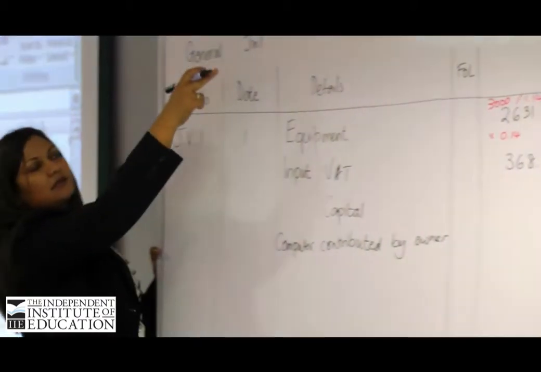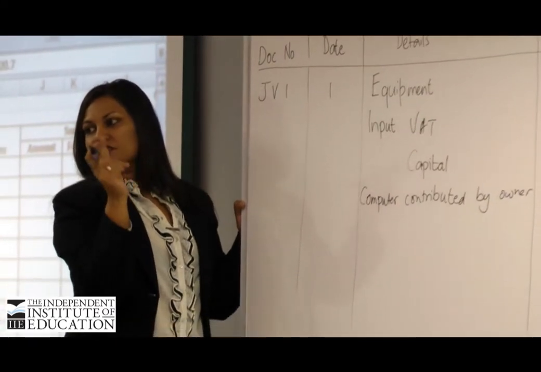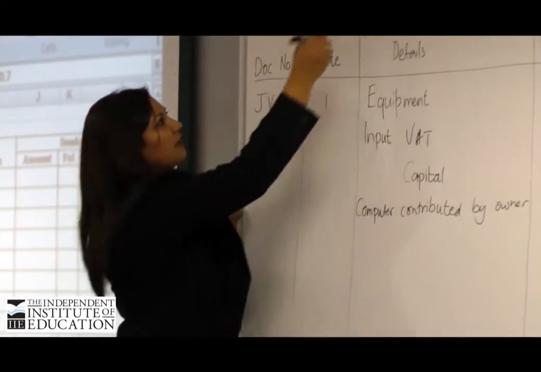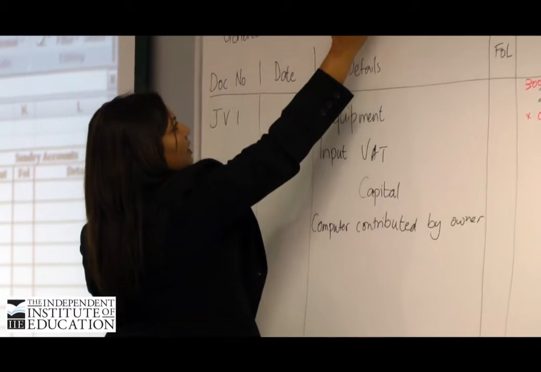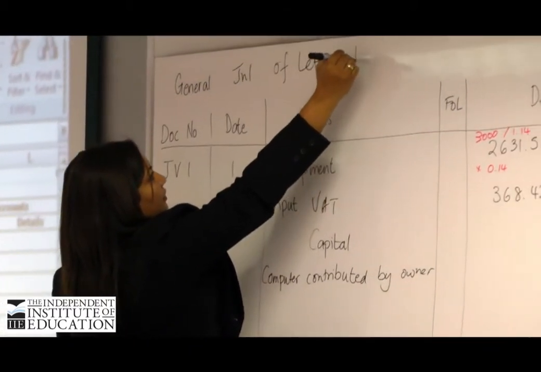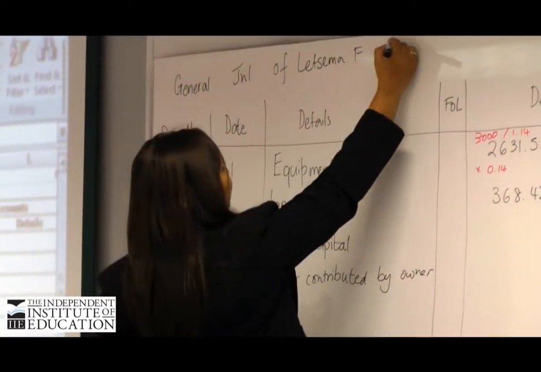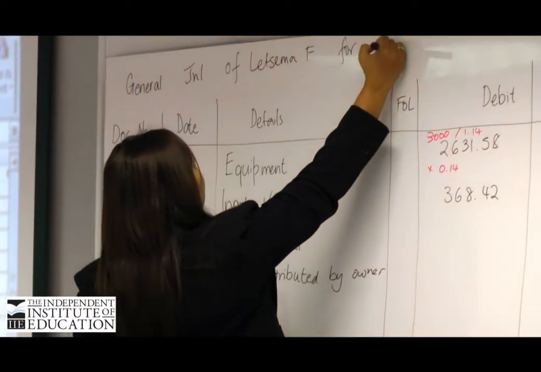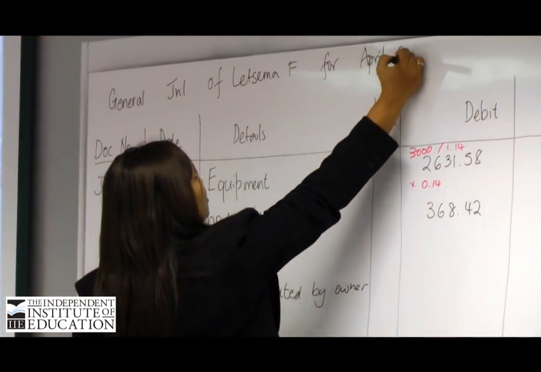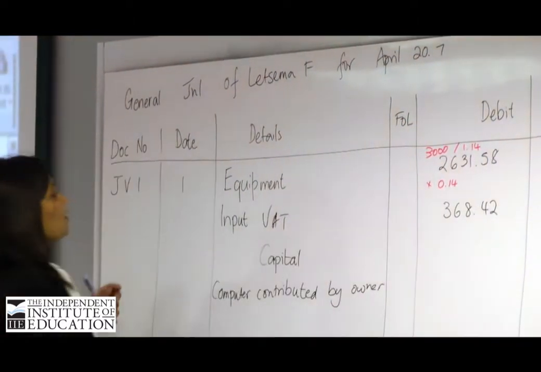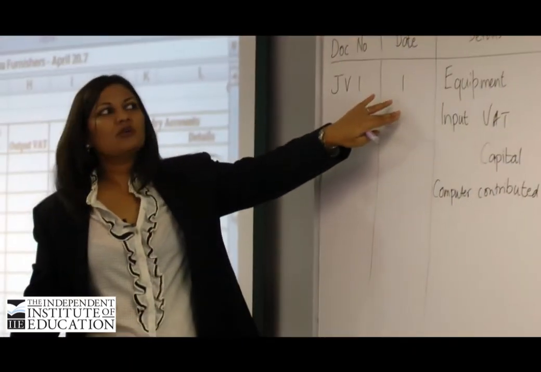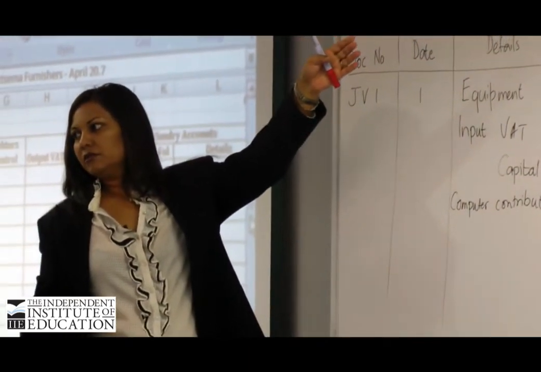So when we are heading up our general journal, we'll say general journal of Letsema Furnishers, and we'll say for, what month is it? April 27, right? So when we say first, you know that it's 1st of April, okay?